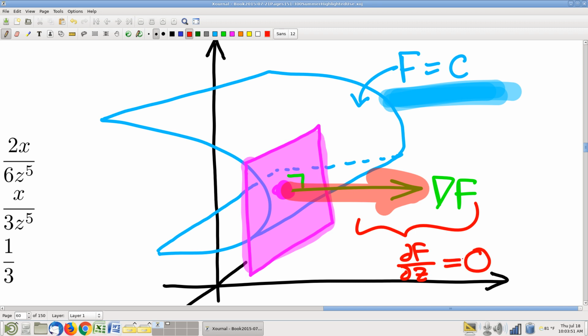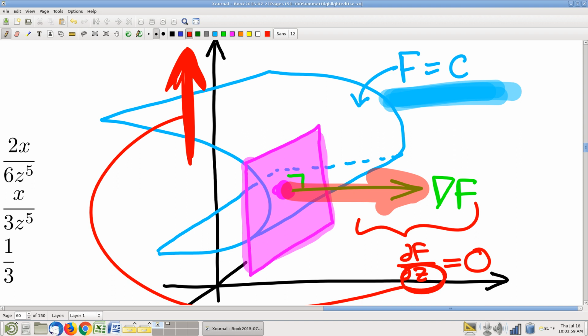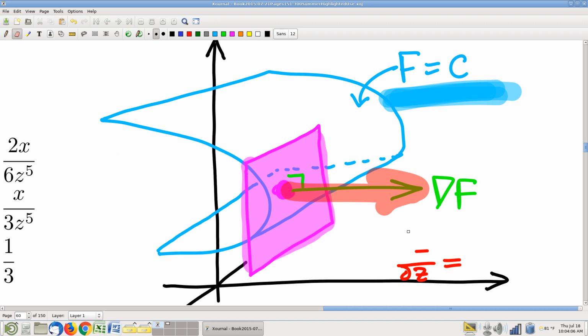So the variable that you want to view as being a function, notice we need to take the partial with respect to that variable. Okay. All right.